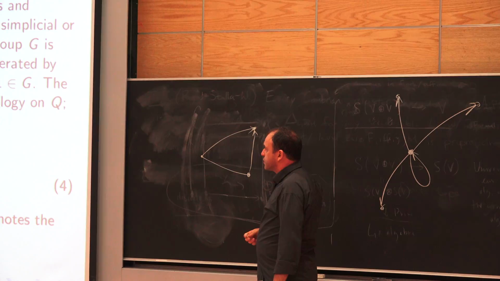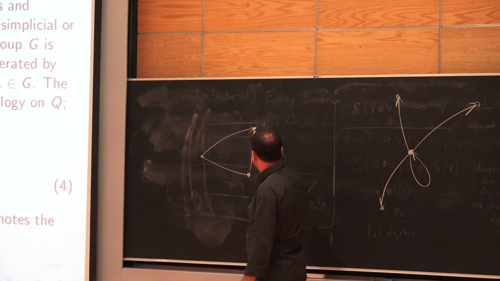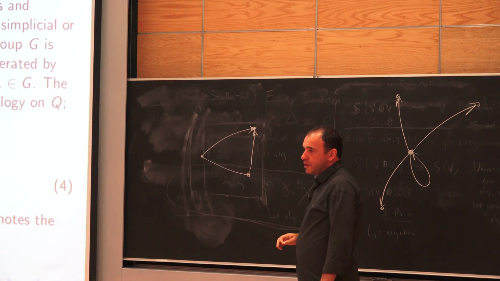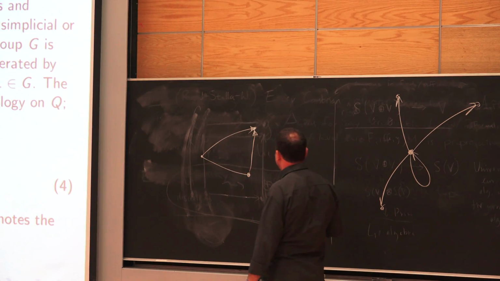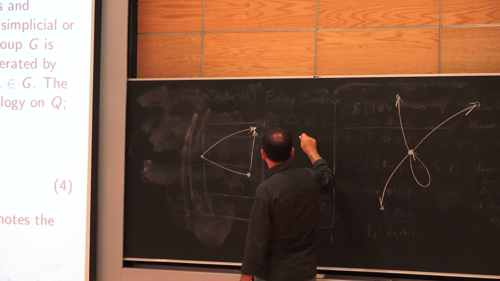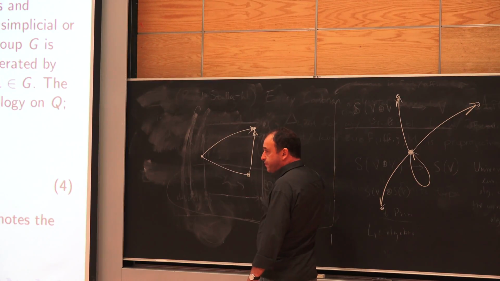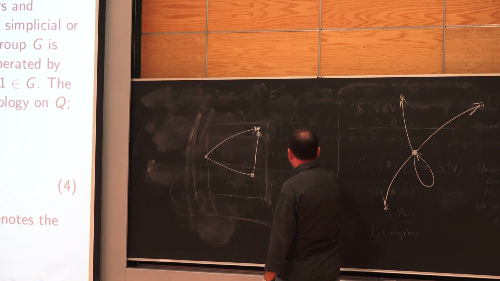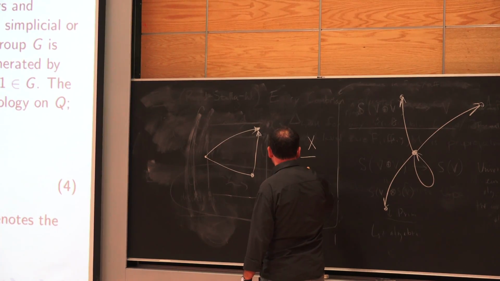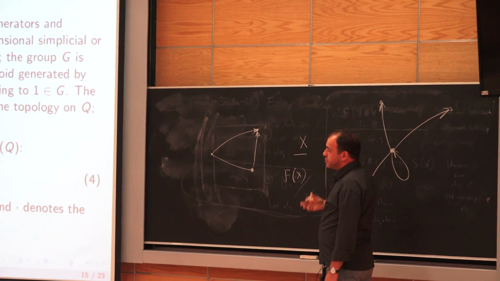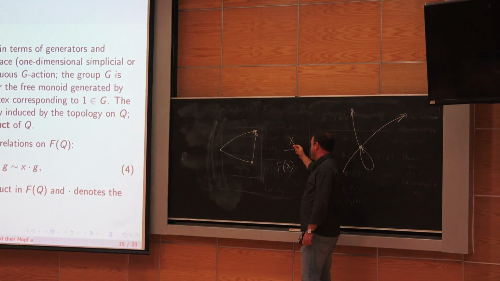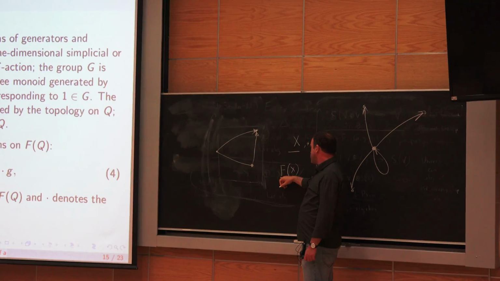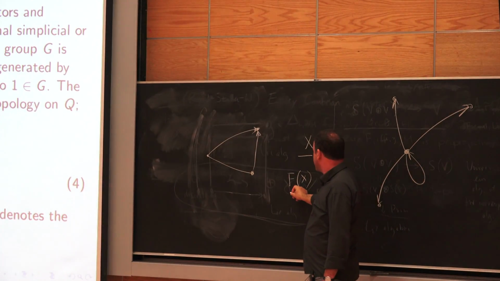And, well, I'm lying slightly. I don't want to take the free group. I want to take the free monoid. It doesn't really matter for the James construction, but I'd prefer to be precise here. So if you take a topological space X, and you take the free group generated by all the points of X, and this X is supposed to have a base point, and this base point is going to be the neutral element of this free group.